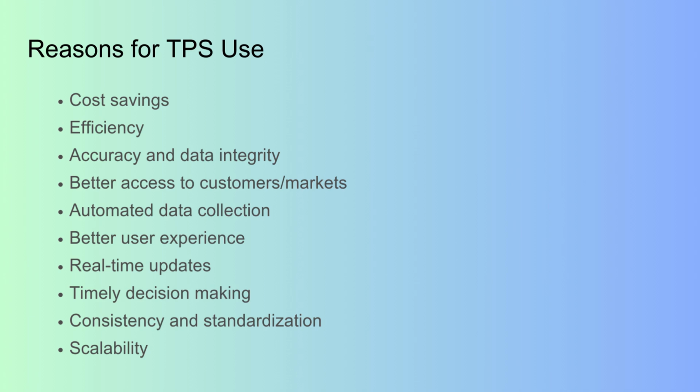TPS enforce consistent business processes and workflows, so they ensure that transactions are processed uniformly, reducing variations or errors. The tenth reason and the last one is scalability. TPS are designed to handle increasing transaction volumes as an organization grows. The scalability supports business expansion without compromising performance.